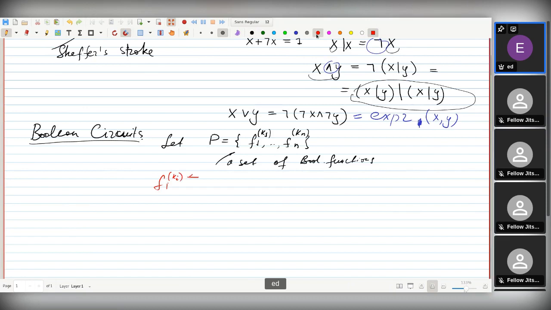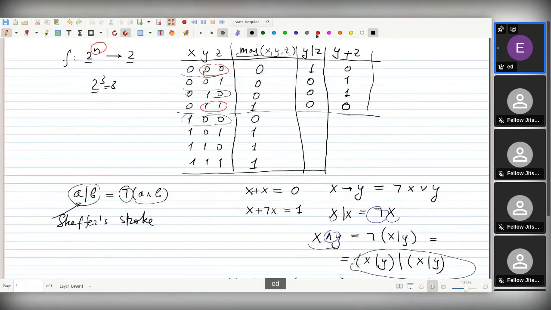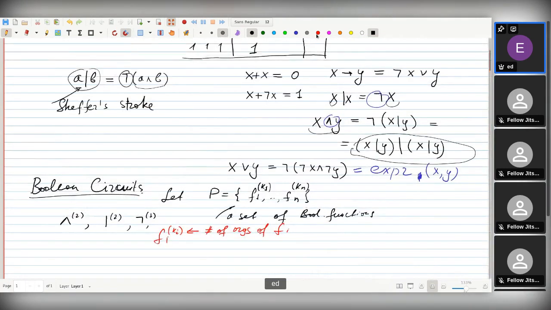Here in this upper index, we have the number of arguments of our function. Like, say, conjunction has 2 arguments, Schaeffer's stroke has 2 arguments, negation has 1 argument, and our majority function in this version, in principle, you can generalize it to more arguments, has 3 arguments.